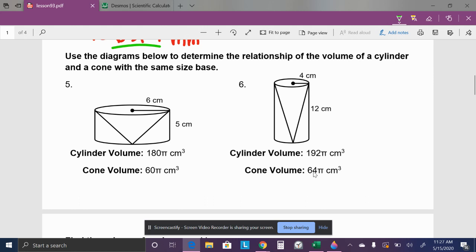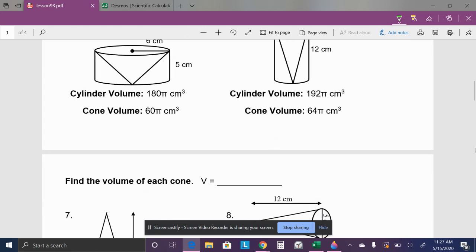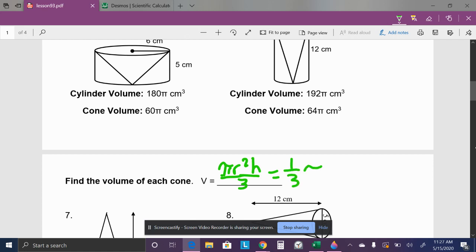So when we come up with our cone formula, we would again divide it by 3. Or you could just do pi r squared h, all divided by 3. Or another way to write that is 1/3 pi r squared h.